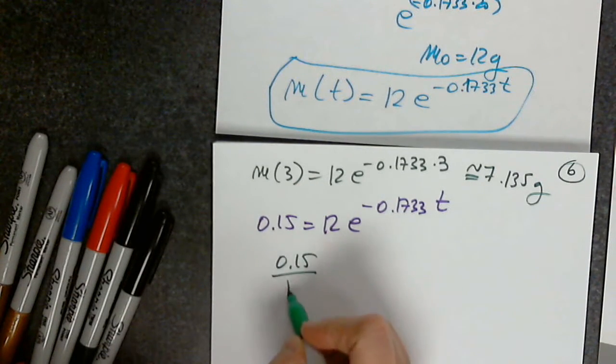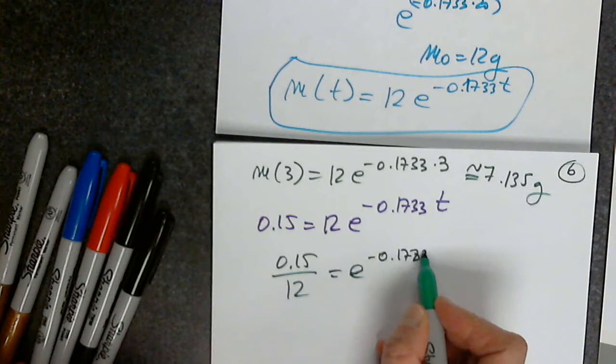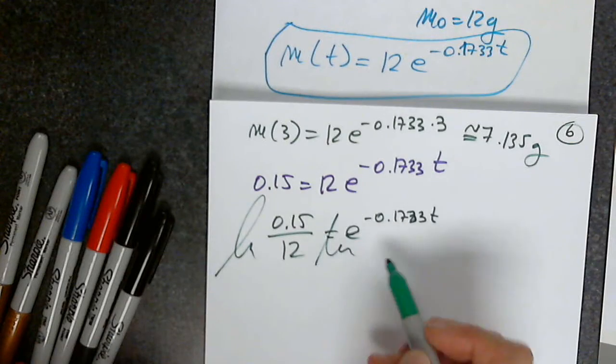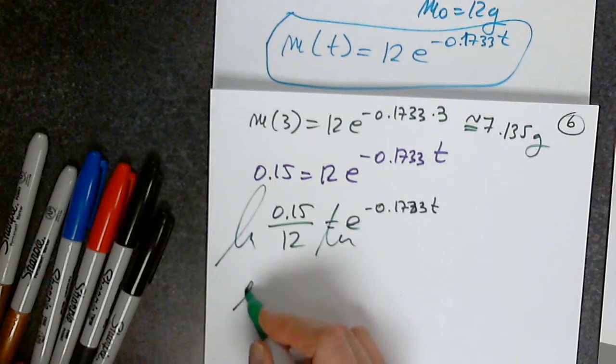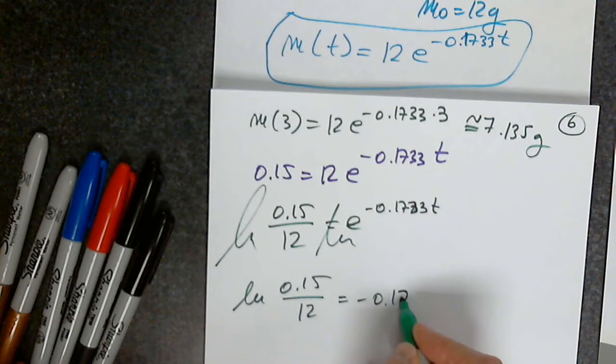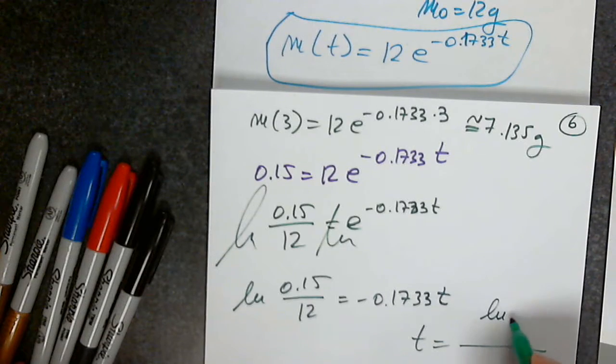So 0.15 divided by 12 equals e to negative 0.1733t. And I have no choice but to apply log to both sides. So this is natural log 0.15 over 12 equals negative 0.1733t. And t equals natural log 0.15 divided by 12, over negative 0.1733.